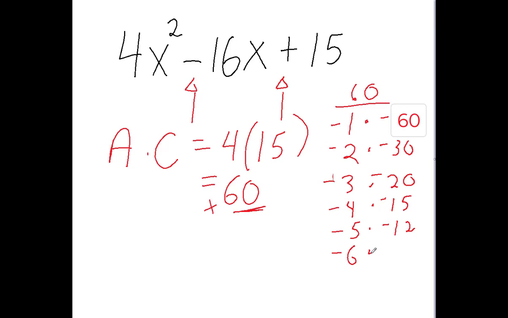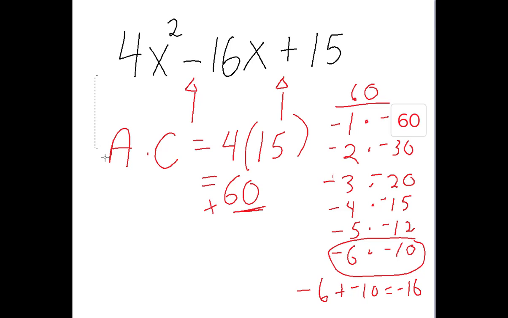Negative 6 times negative 10. That's going to be the pair I'm looking for, because look, a negative times a negative gives me my positive 60 AC, and negative 6 plus negative 10 is negative 16. So that's the pair I need.